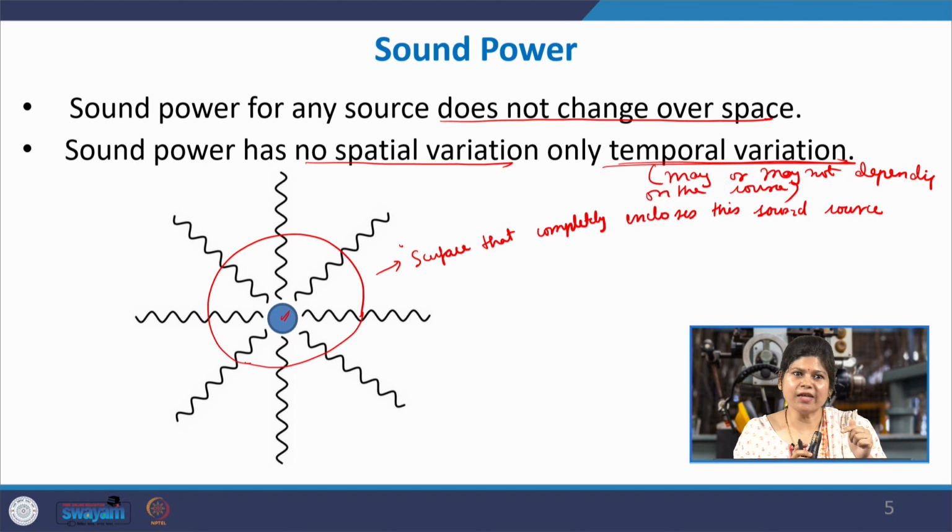So, over time the energy from that bulb is flowing and changing over time, but not over space. Whatever energy is radiating at, suppose, the time t1 to t2, it should stay the same from one location to another, provided there is no blocking surface or anything. So, the energy should stay the same.